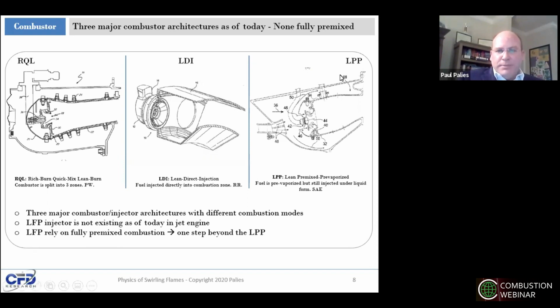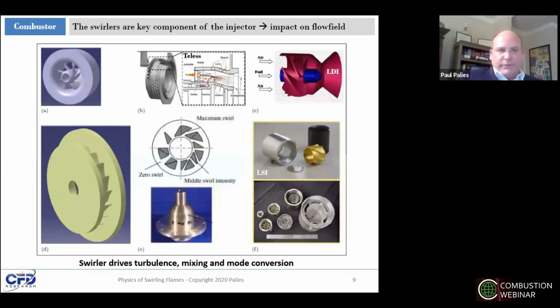And you have the LPP, the lean premixed pre-vaporized system, where the fuel is pre-vaporized but still injected in liquid form. So what we'll see in the perspective of this presentation is the so-called LFP injector that does not exist as of today in an engine, and that is a technology that would enable a fully premixed combustion system. So we will talk about it after.